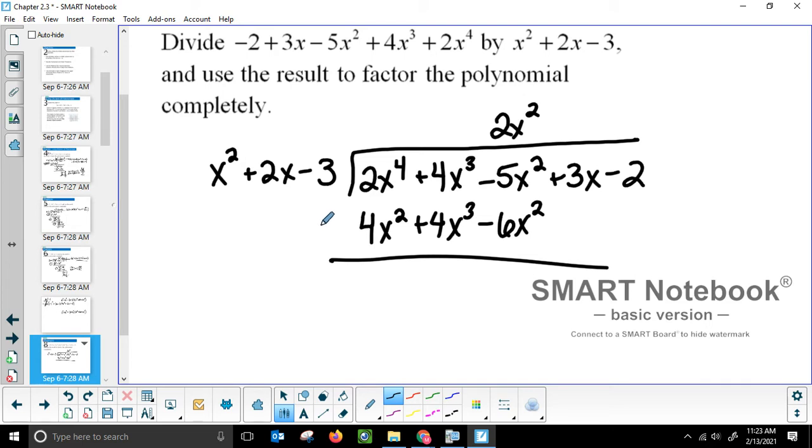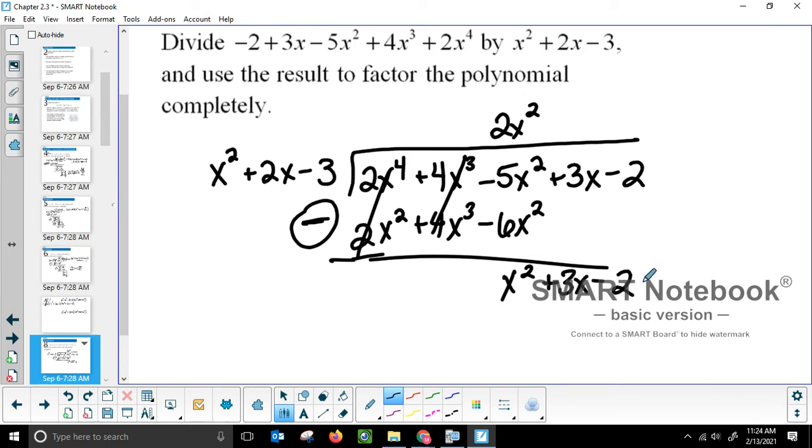Remember, we are subtracting. Oh, wait a minute, sorry, I obviously made a mistake there. There should be a 2. So when we subtract here, these will cancel, these will cancel. Negative 5 minus negative 6 is positive 1, so this just becomes x squared plus 3x minus 2.